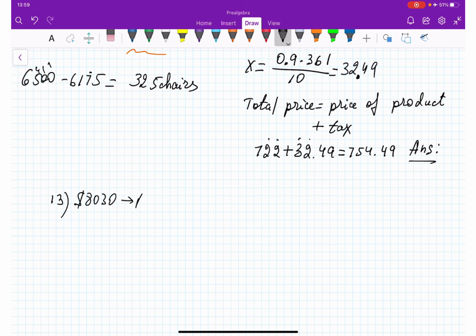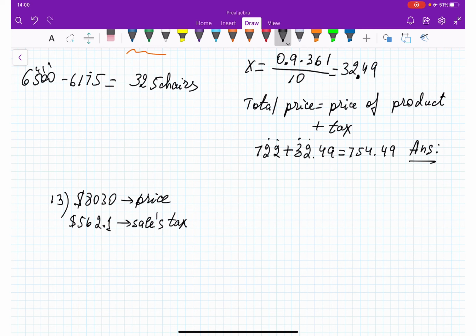If the sales tax is $562.1, I'm sorry. Find the sales tax rate, which means percent.